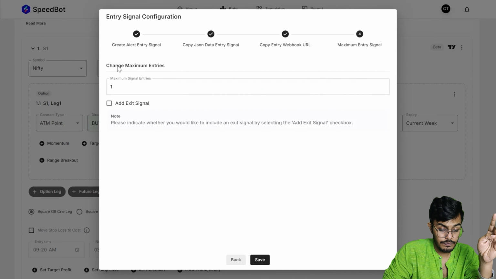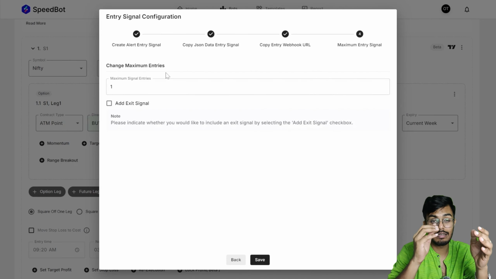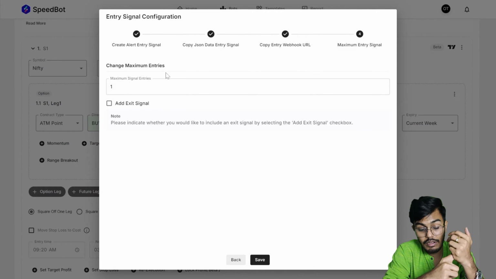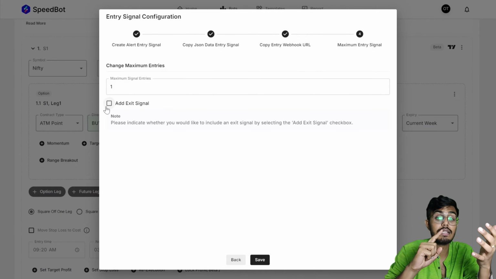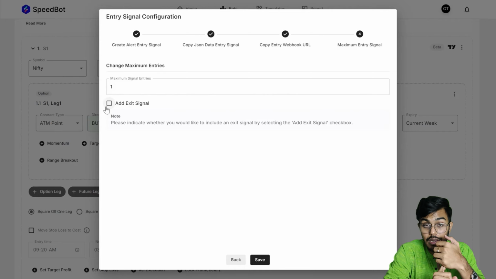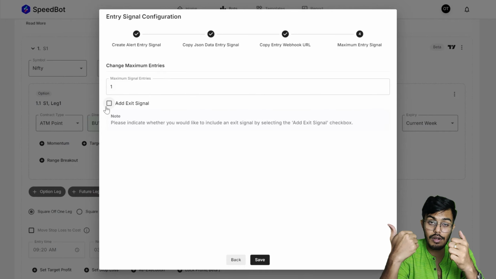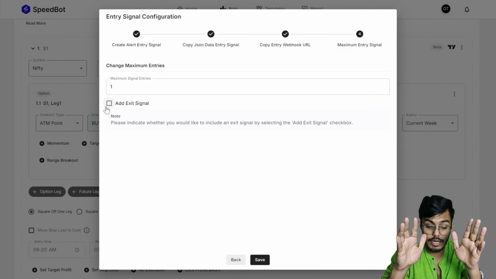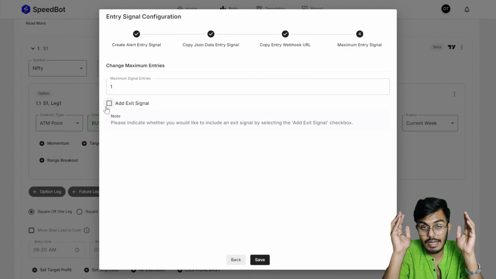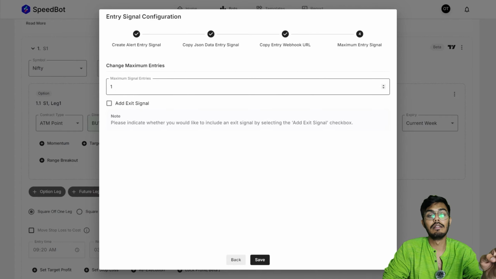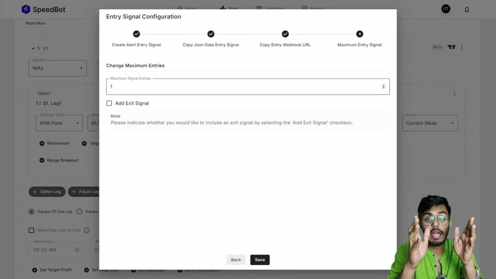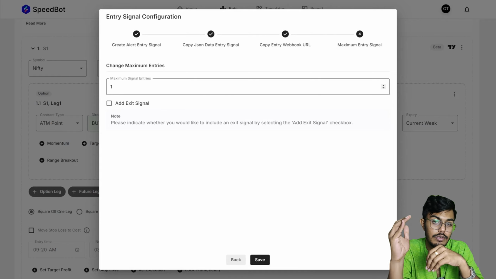Once I do that, over here I'll be asked, since this was for the entry, whether I would like to exit on the basis of the alerts created on TradingView or not, or whether I would like to only configure the entry signal. And specifically in the entry signal, whether I would like to average up my conditions or not.